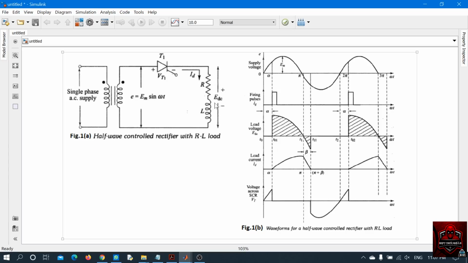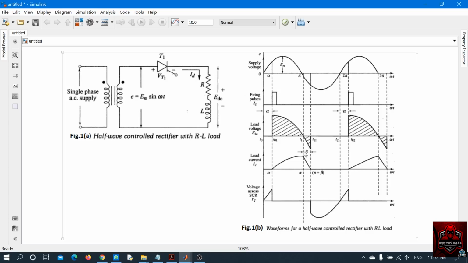Due to this inductance, at omega t equal to pi, the current is not zero, because current increases gradually and decreases gradually. Due to this current, some negative portion is shown in the output voltage.